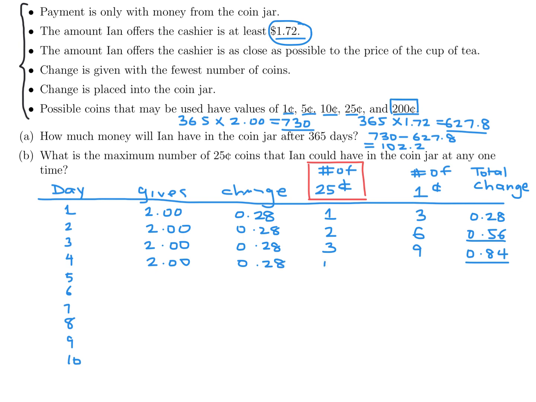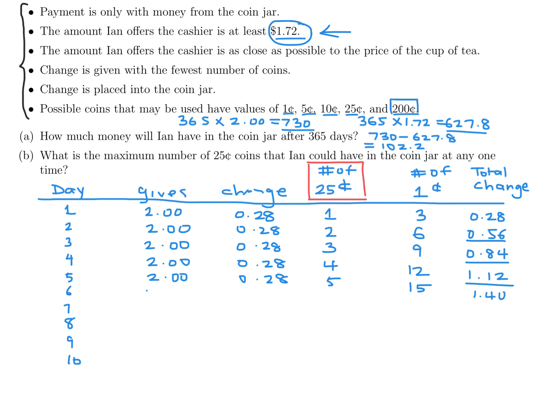I don't think I need to talk you through this anymore, since hopefully you understand what the process is. But the goal being this total change to eventually get up to that value, so he can then use the change to buy the cup of tea instead of having to keep giving these $2 coins. 5 now, 15, and now we're up to $1.40.